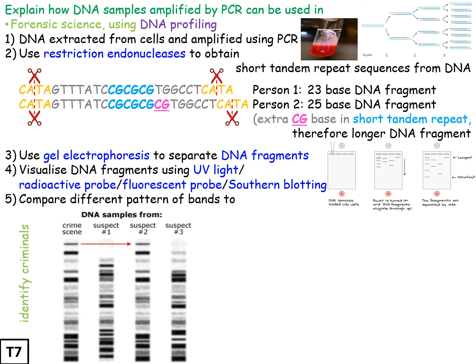So here you've got the DNA from a crime scene, which you could amplify by PCR for forensic science. And this is an example of DNA profiling to identify criminals.